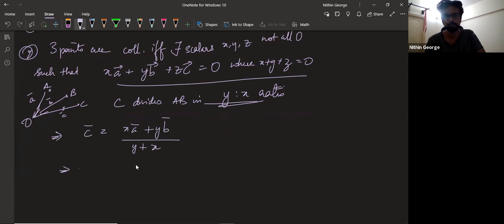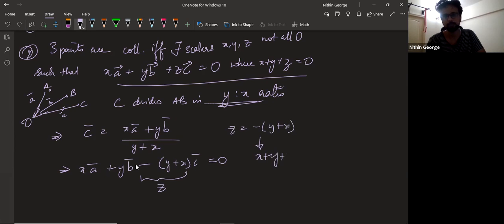Rearranging, x into a vector plus y into b vector minus y plus x into c vector equal to 0. Here I take z as minus y plus x, or in other words, x plus y plus z equal to 0. You get now where this condition comes from?